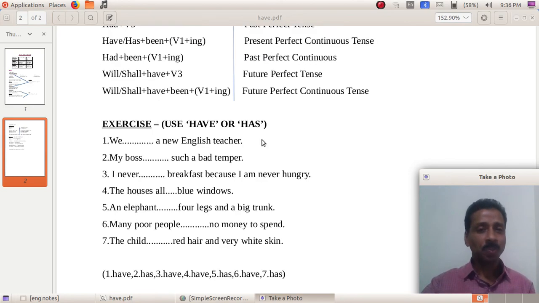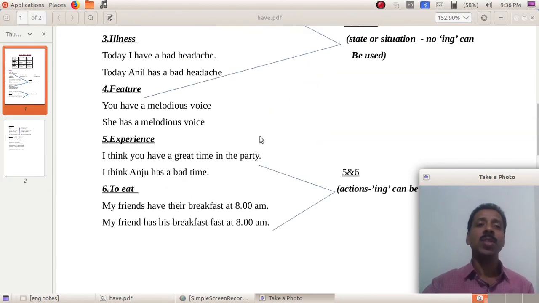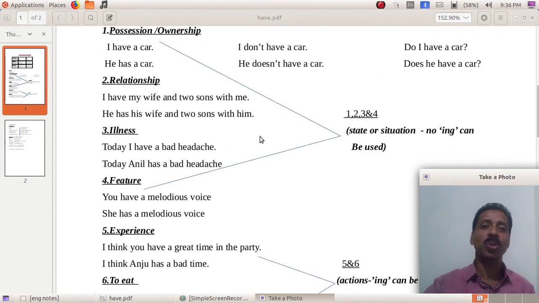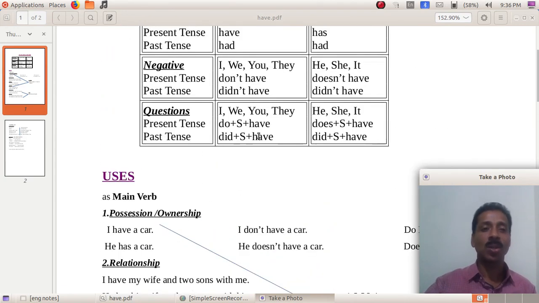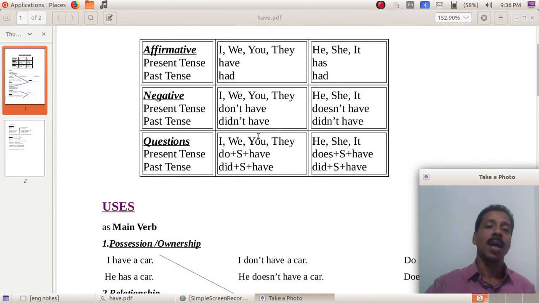Okay, so these are the main things which I wanted to discuss with you today. The uses of have, has and had: with I, we, you and they, have is to be used in present tense, and with he, she, it, has is to be used. But with all the pronouns in past tense, had can be used, and also in negatives and questions we have discussed the differences, and the main uses, have or has used as a main verb.